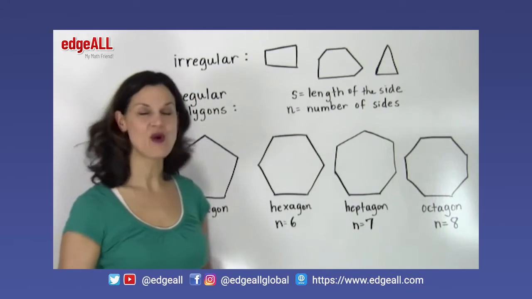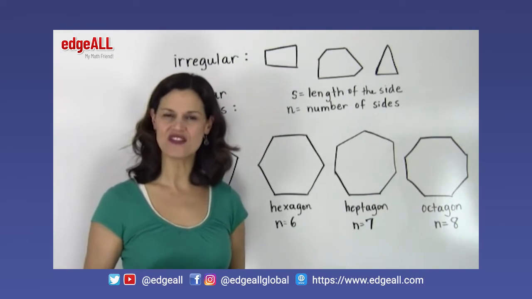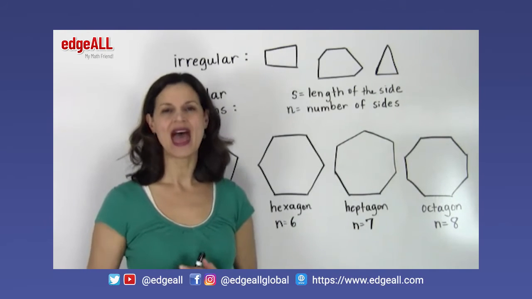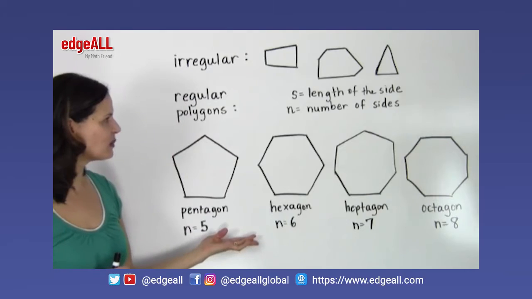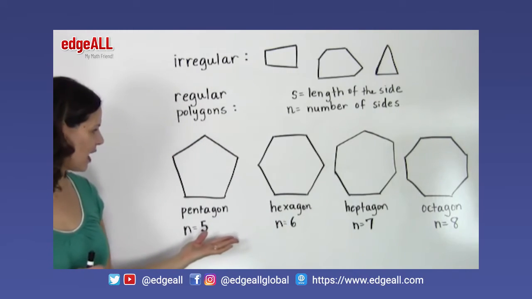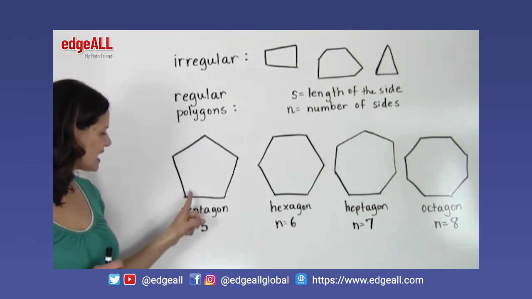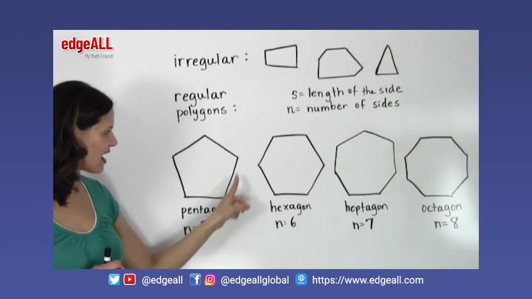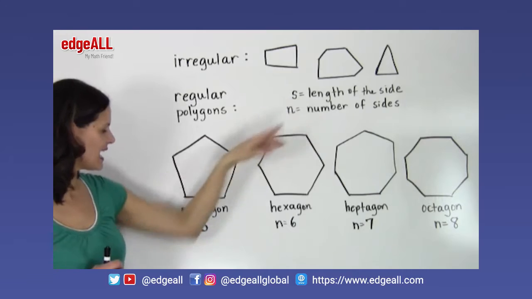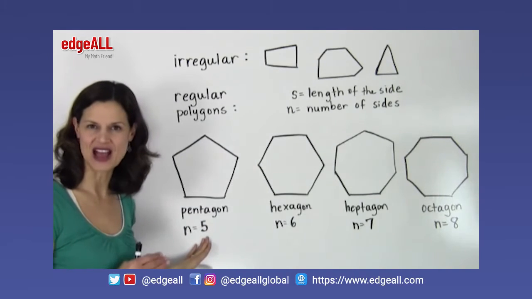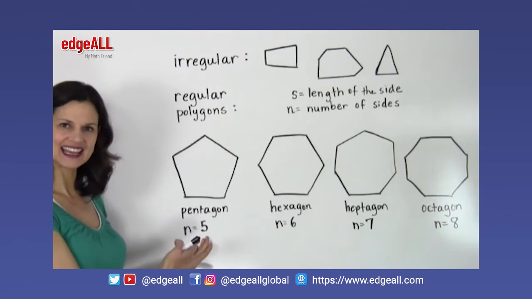So now we want to talk about how we find the perimeter of any of these regular polygons. The perimeter of any of these polygons is going to equal the length of one of the sides, or S, times the number of sides, or n.